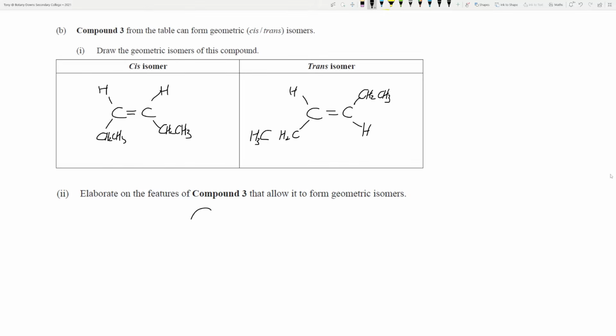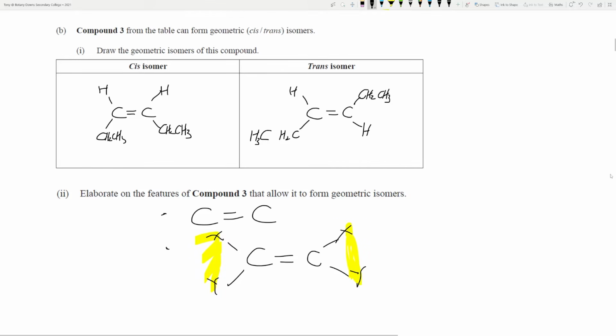The key thing is you must have a carbon-carbon double bond, because that does not allow free rotation around the double bond. Then the 2 groups bonding to each carbon in the double bond must be different. When you have the same things on the same side, that is a cis isomer.